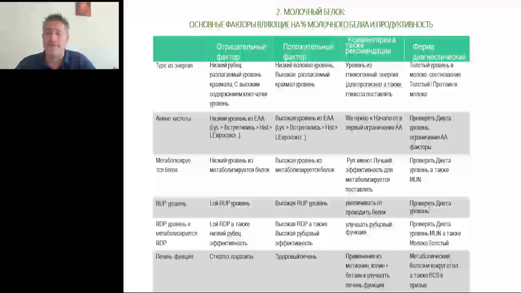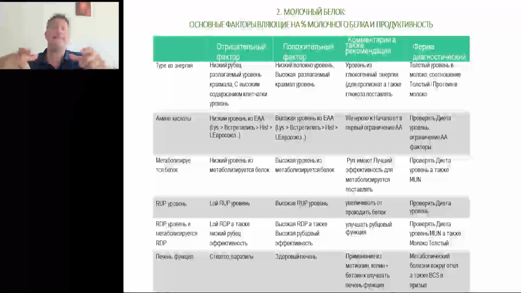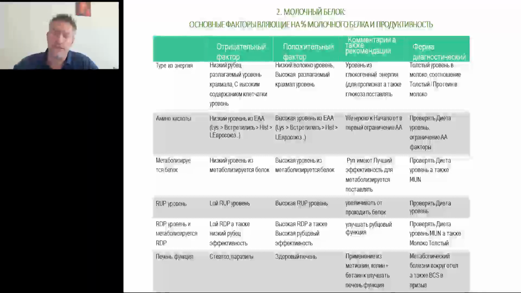When I have a low level of fiber and a starch that comes from a more rumen degradable source like corn flakes or wheat or barley, it increases the degradability of the starch in the rumen and it helps to increase the milk protein percentage.